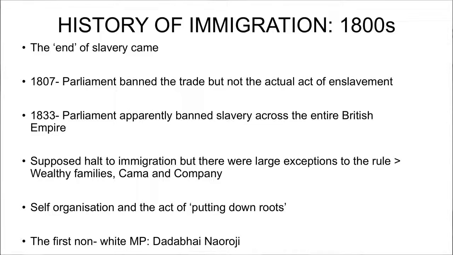And I think you can really see that with the first non-white MP, who was also very good friends with the founder of Pakistan. So we should be happy. The first non-white MP can show, look, we can take immigrants, but we'll put them in the highest position of an MP, and therefore we are liberal, and therefore we accept immigration. We can see that's not really the case by looking at the inner workings of that legislation.